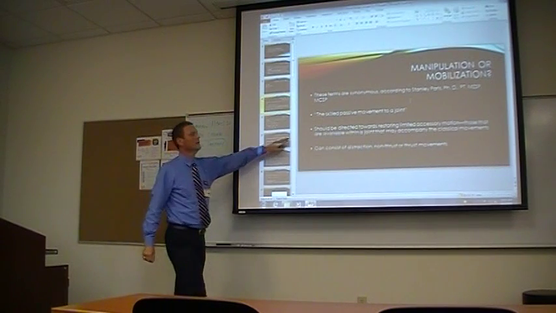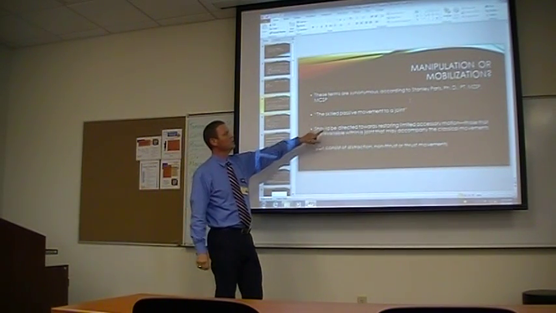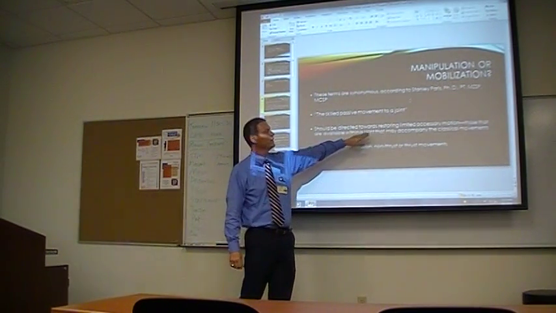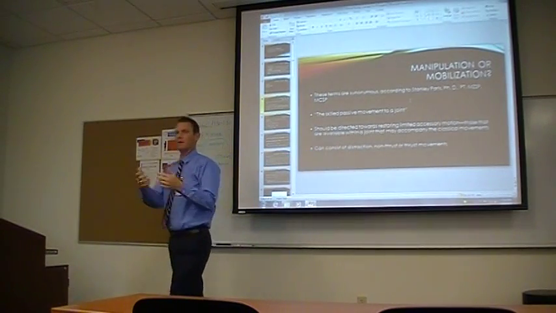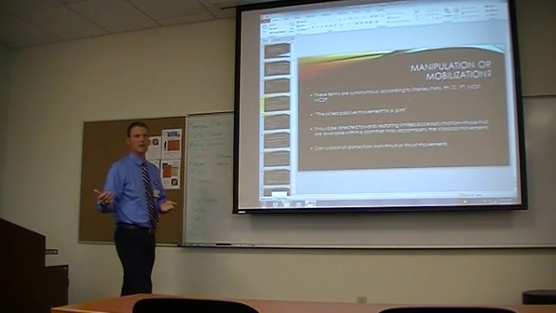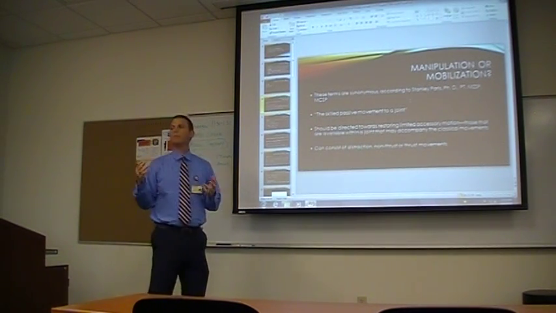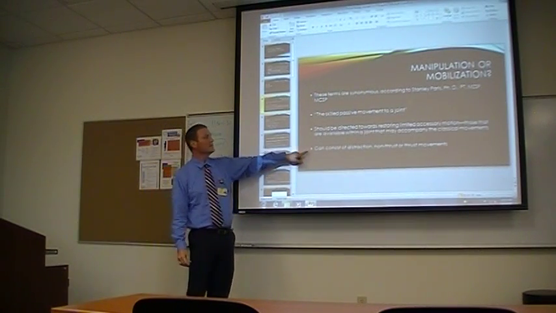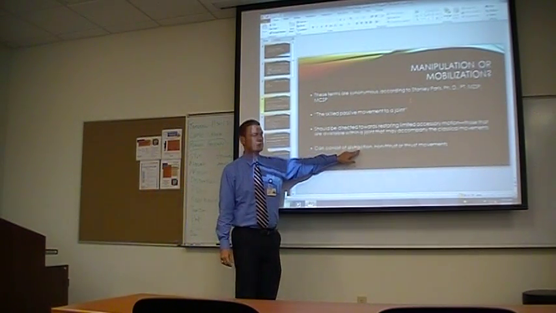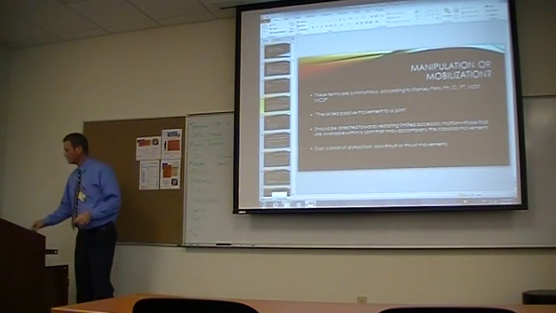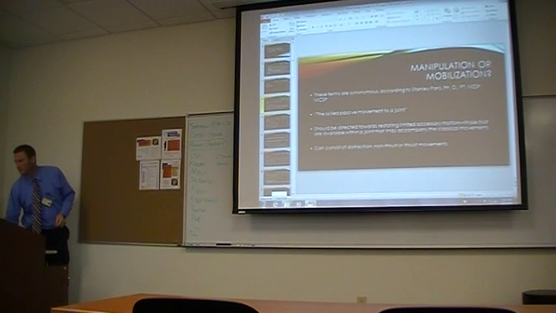We want to address the limited accessory motion within the joint that accompanies classical movements, in other words, the anterior glide moving with the external rotation. Every joint in the body has different accessory motions. We'll get back to that in just a minute. This could consist of distraction, non-thrust or thrust movements. We'll talk a little bit more about those.